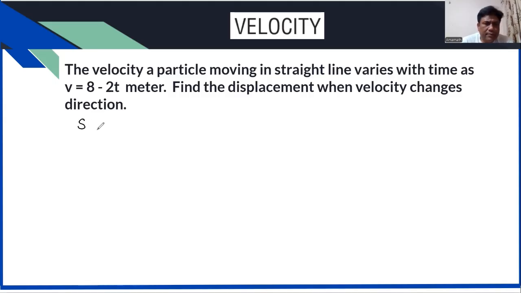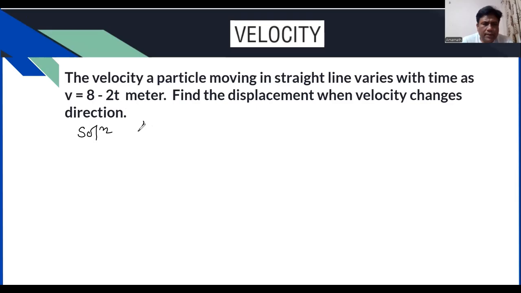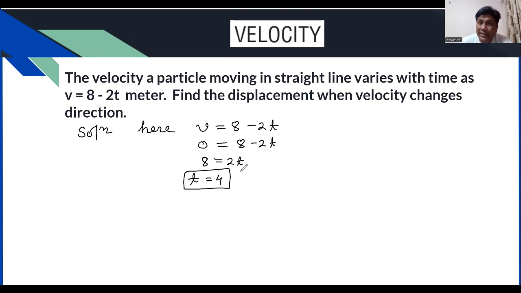In a similar way, here V is equal to 8 minus 2t. If you take V equal to 0, because when velocity changes direction at that point V becomes 0, so 8 equals 2t, which means t equals 4. That 4 seconds is the crucial time. If t is 4, then 8 minus 8 is 0.